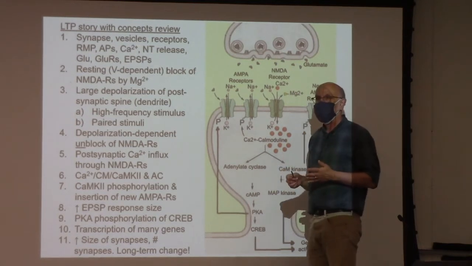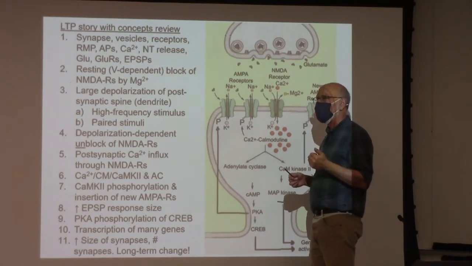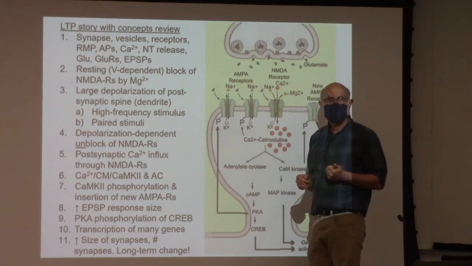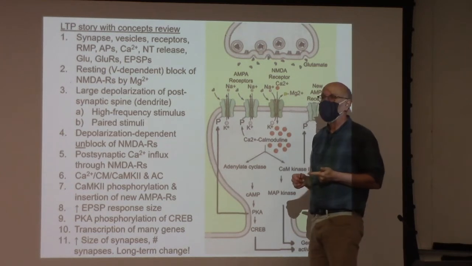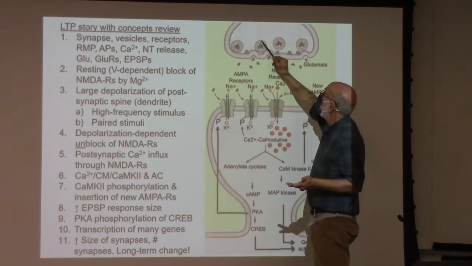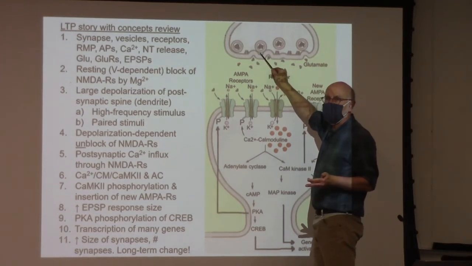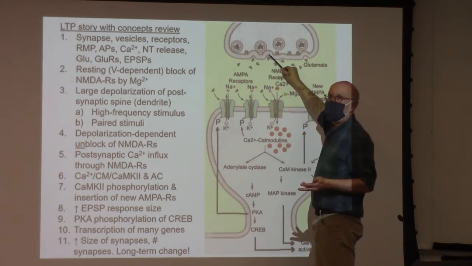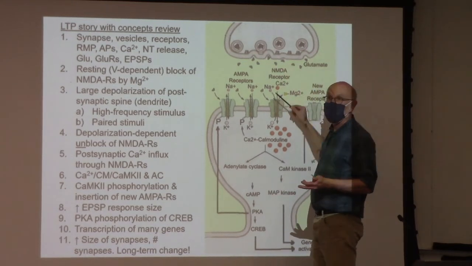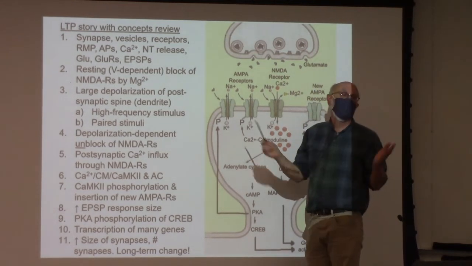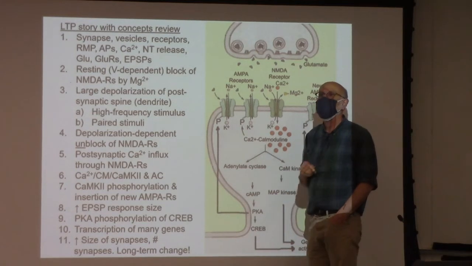I could tell it real fast, but you should know things like voltage-gated calcium channels, calcium influx, calcium binding to synaptotagmin, conformational change of the snares, fusion of vesicles, diffusion of neurotransmitter. I just gave it to you, but too fast for you to write down.